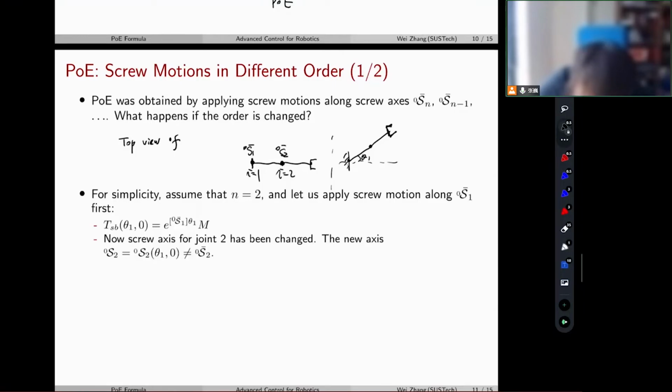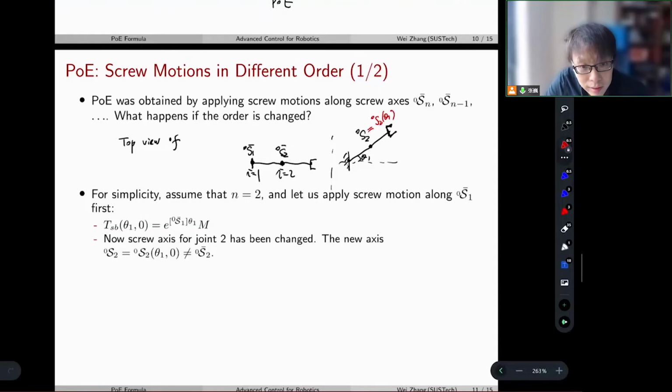Now what I can see is that this screw axis, now in frame 0, is this the same as S2 bar 0? No, I think not. It actually depends on theta 1 now, if I write it down more carefully.